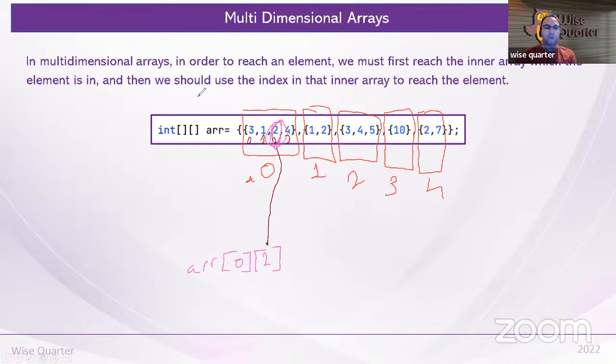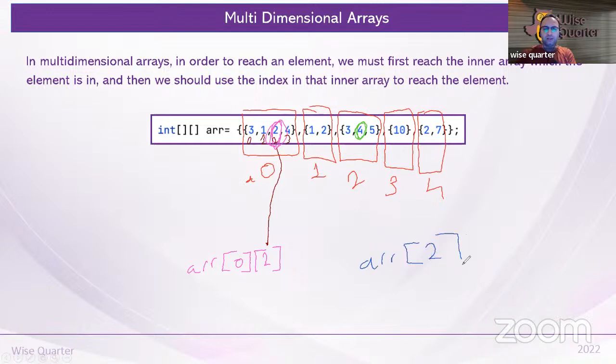Let's try to reach another one. This time, I want to print this one, 4. It's not very hard. At first, it is in the second index, index 2. This is an array, so array index 2.